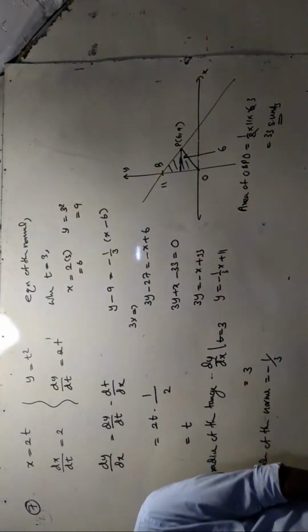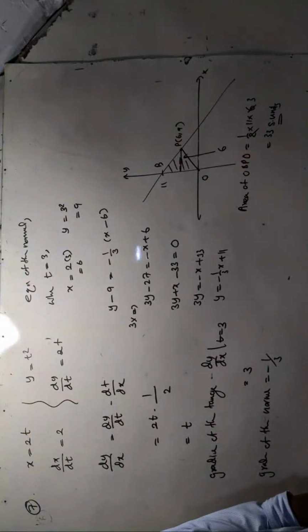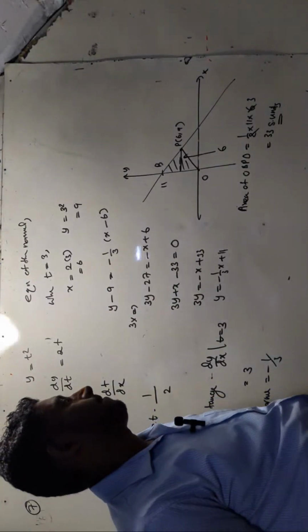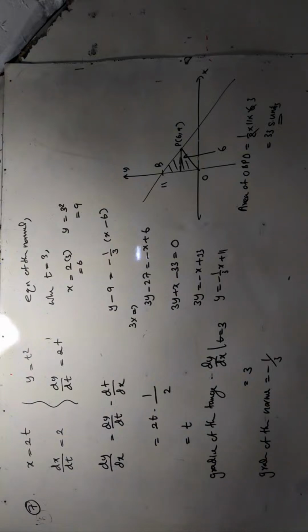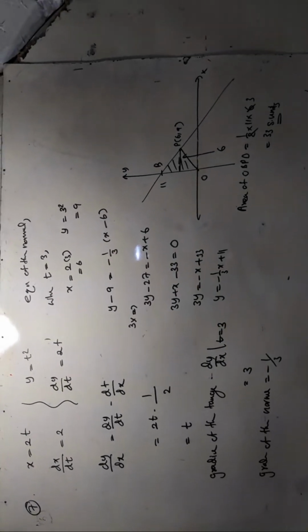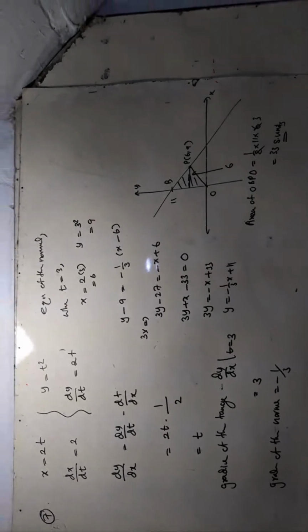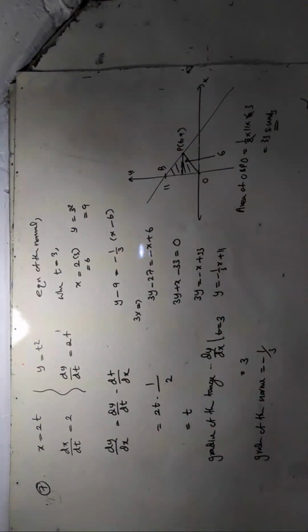So that is the area of the OPB triangle. That is 33 square units.